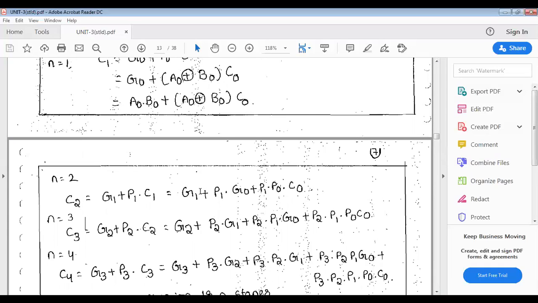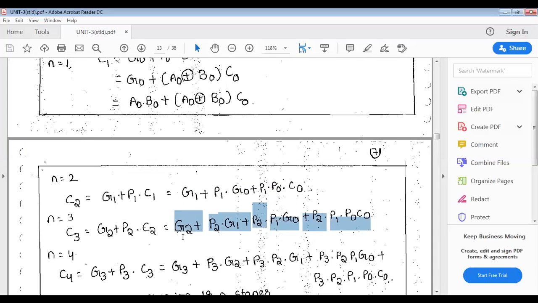So G2 plus P2 G1, P2 P1 G0, and P2 multiplied with P1 P0 C0 becomes P2 P1 P0 C0. So we get the total function after multiplying P2 with C2.